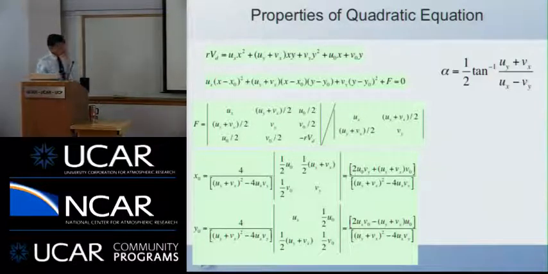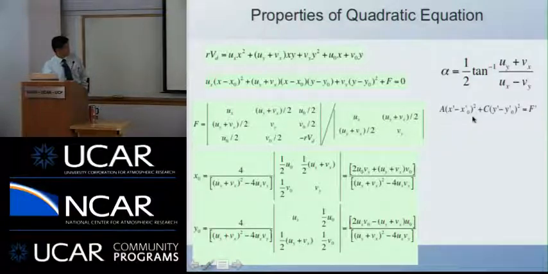Let's do a little bit more. For the quadratic equation, we can rotate the system by this factor and remove the x and xy term. So the equation will become here.